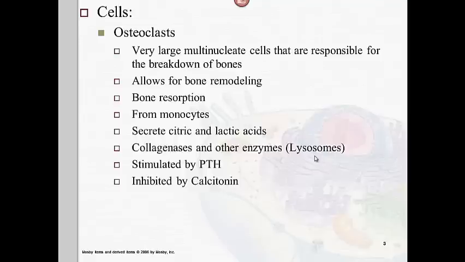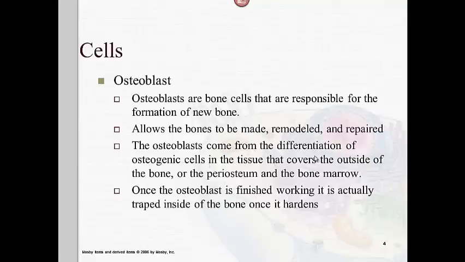So again, you need to know that the main function of the osteoclast is bone resorption versus osteoblasts, which are responsible for formation of new bone. These are the major cellular components of the bone. Remember, they basically belong inside the bone matrix.